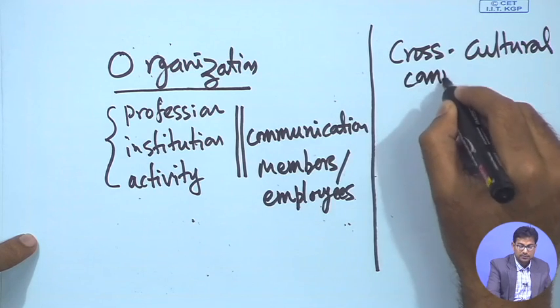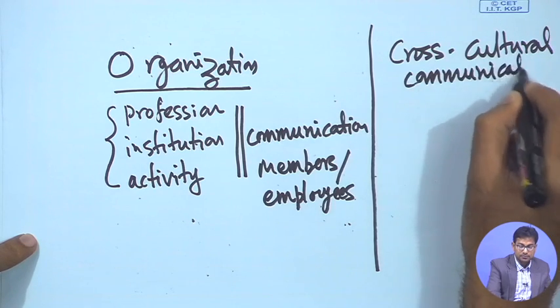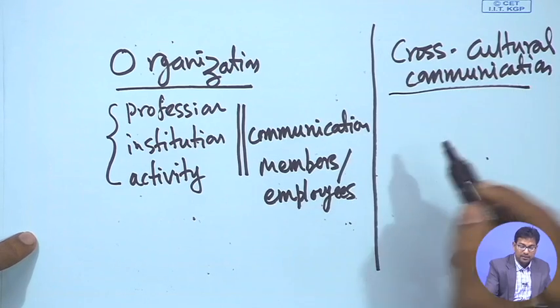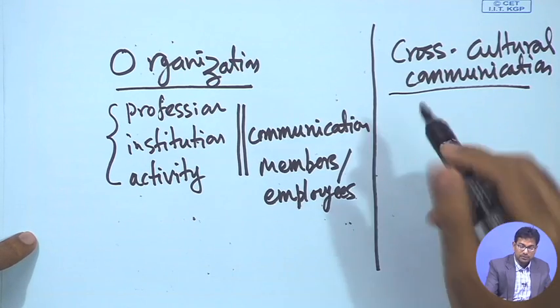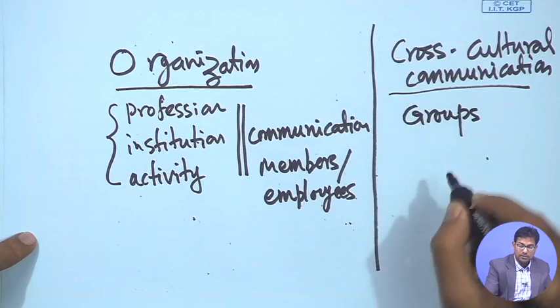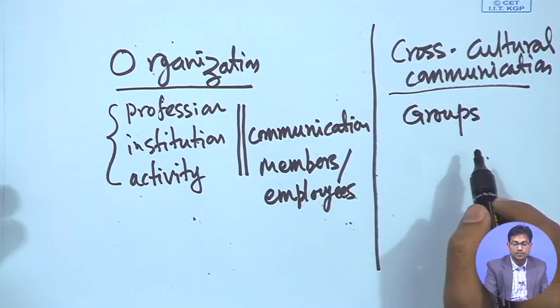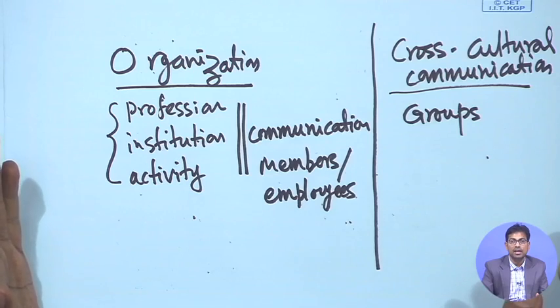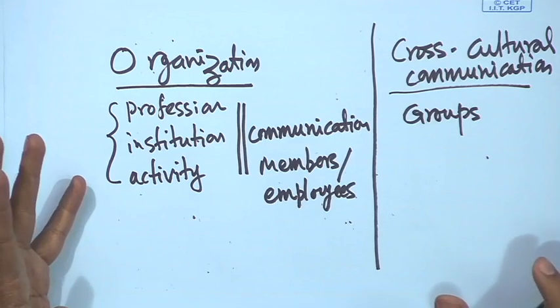Cross-cultural communication, where we have talked about the groups, various groups. So, there are innumerable cultures present in our whole world, and there has been difference in communication based on the cultural aspects as well.